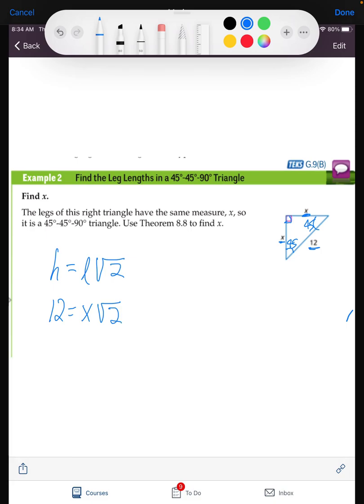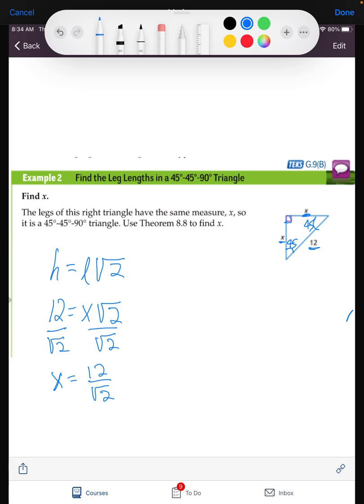Now to get x by itself, we'll divide both sides by the square root of 2, and we get x equals 12 over the square root of 2. I switched the order of the x and the number because I like having the variable on the left side.